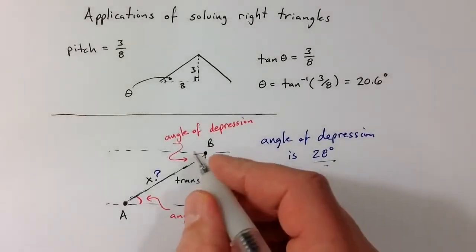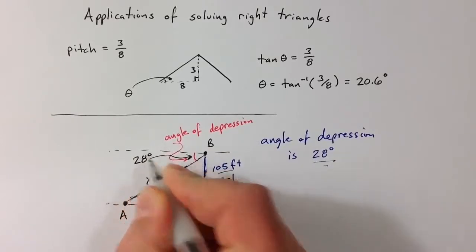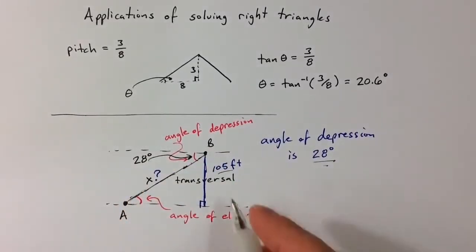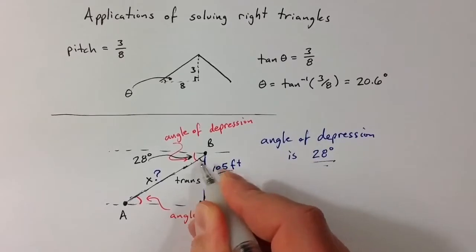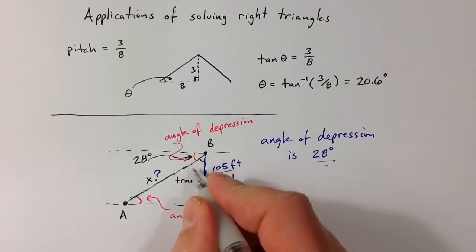One would be, if the angle of depression is 28 degrees, then these two angles together have to make up 90 degrees, and so the other angle has to be 62 degrees.